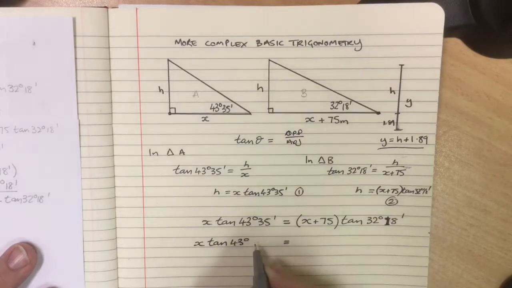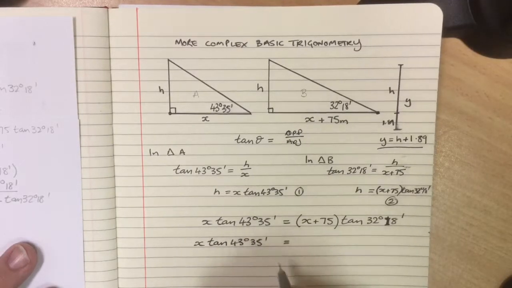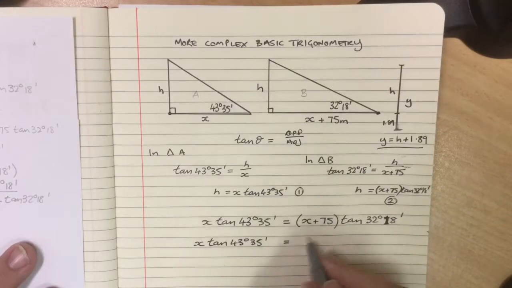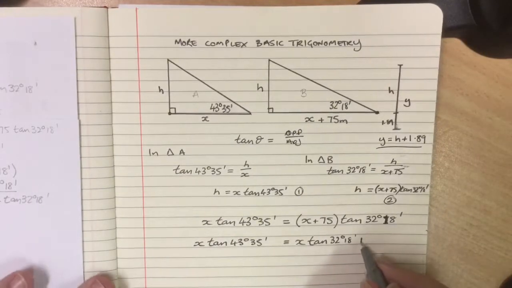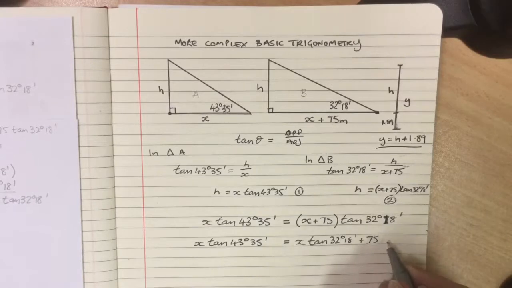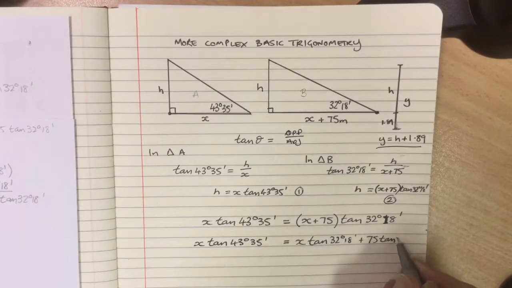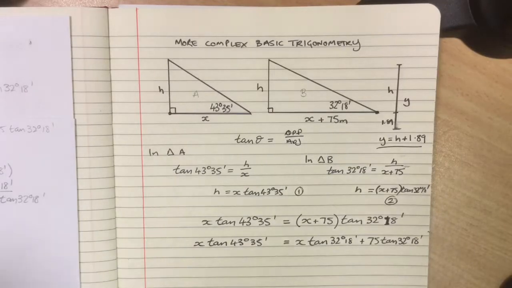I want to get all of my variables, my x, onto the left-hand side. If I expand this, I've got x tan 32 degrees 18 minutes, and I'm going to add to that 75 lots of tan 32 degrees 18 minutes.